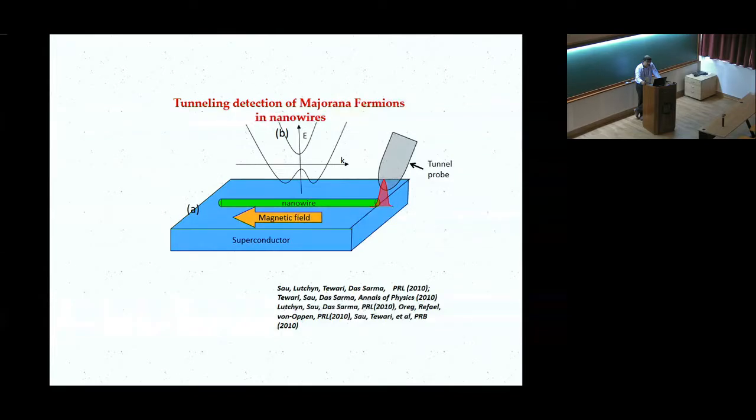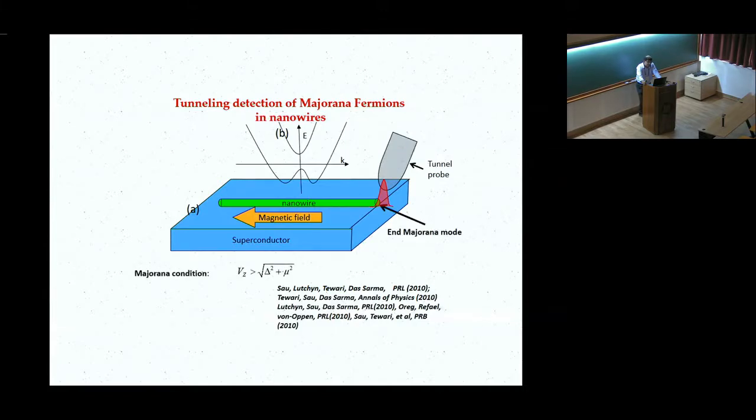Then above a certain critical magnetic field, a zero energy Majorana bound state, or Majorana zero mode, which is the more precise term, a non-degenerate Majorana zero mode, which is a topological excitation that has non-abelian statistics, topological quantum computation, and so on, that you may have heard about, will appear above a critical Zeeman field. And one signature of its appearance is that if you do a tunneling conductance measurement to the end of the nanowire, you're going to see a zero bias peak.